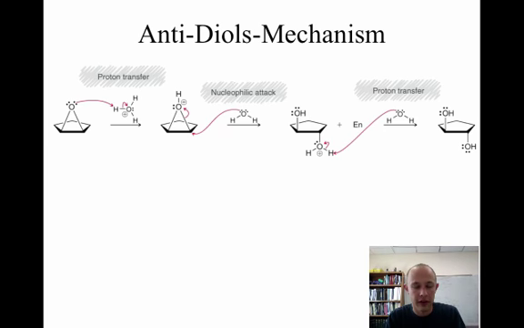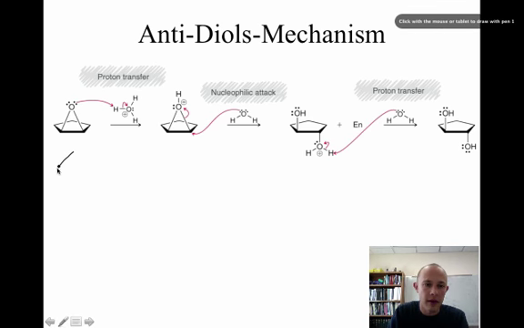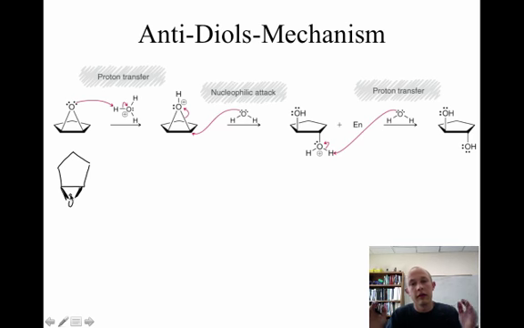So if we have an epoxide here, and let's draw it flat, maybe this might make this a little bit more clear. We have a flat ring. We've added the oxygen to the same side of the alkene to get an epoxide, right? This oxygen has two lone pairs of electrons, so it can react with the hydronium ion.